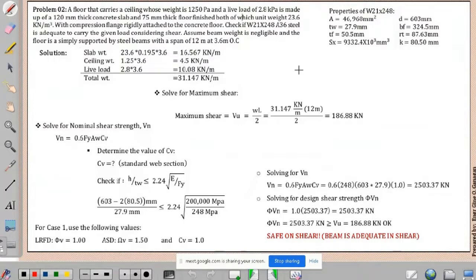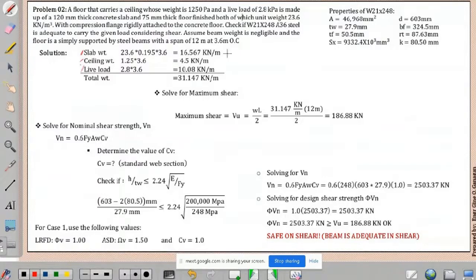Okay. So what is given here is not directly a load. It is a weight with the spacing, so we need to compute our total load in kilonewton per meter. We have the ceiling, we have the slab, and we have the live load.